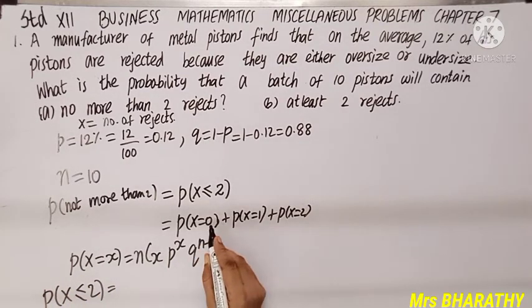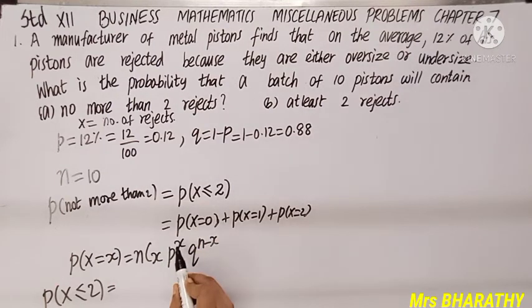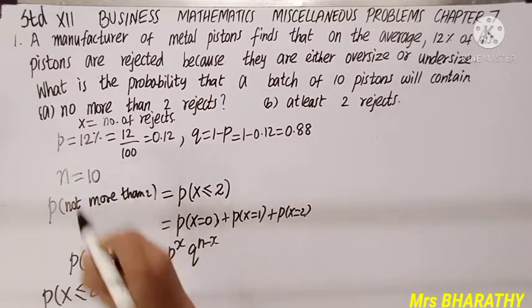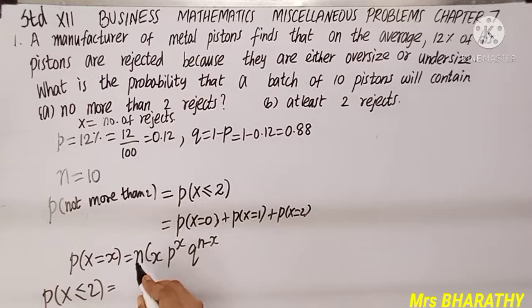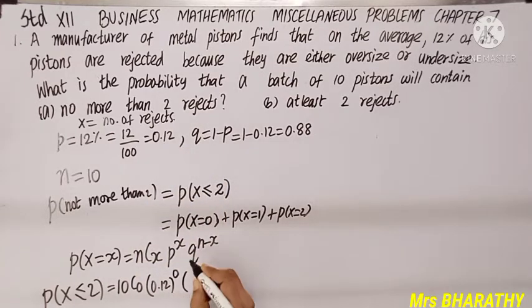X is equal to 0. Wherever x comes, I will put 0. N is 10, p is 0.12, q is 0.88. 10C0, 0.12 power 0, 0.88 power 10 minus 0, that is 10.